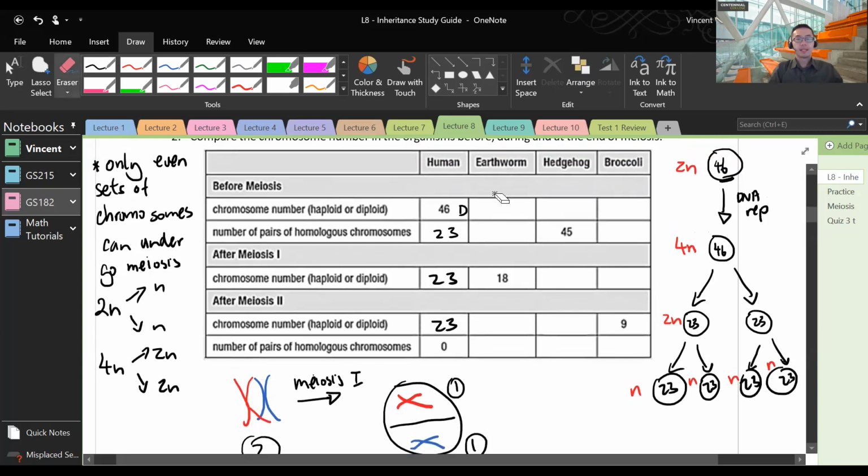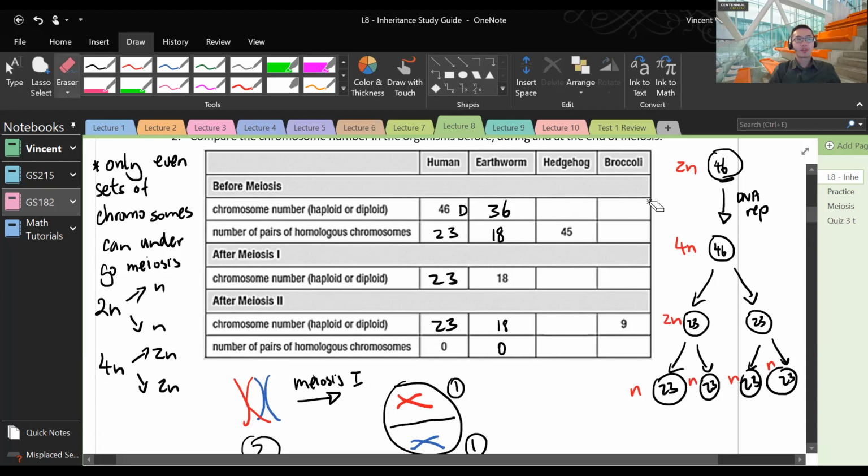Okay. So the idea is you start with 46, but then after each division, it's going to be half of the original. And so if this is 18, right? That means I started with 36, and then you will have 18 pairs, and then 18, and then no more homologous chromosome.